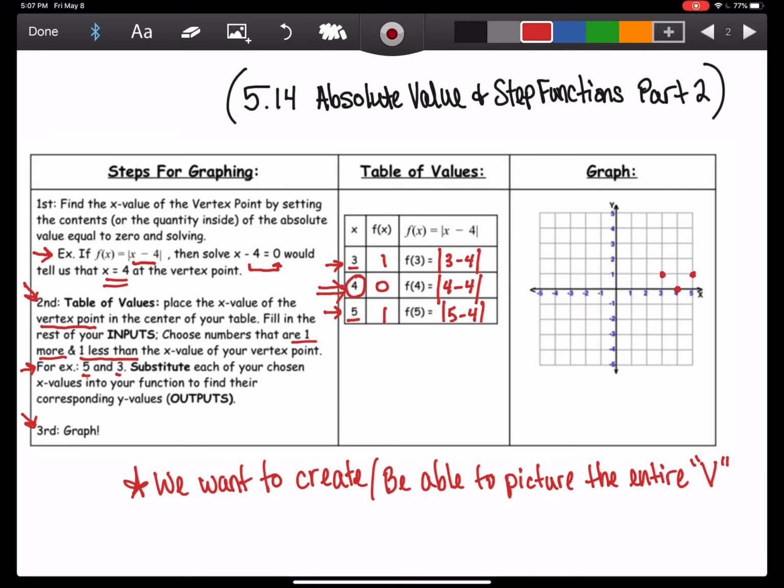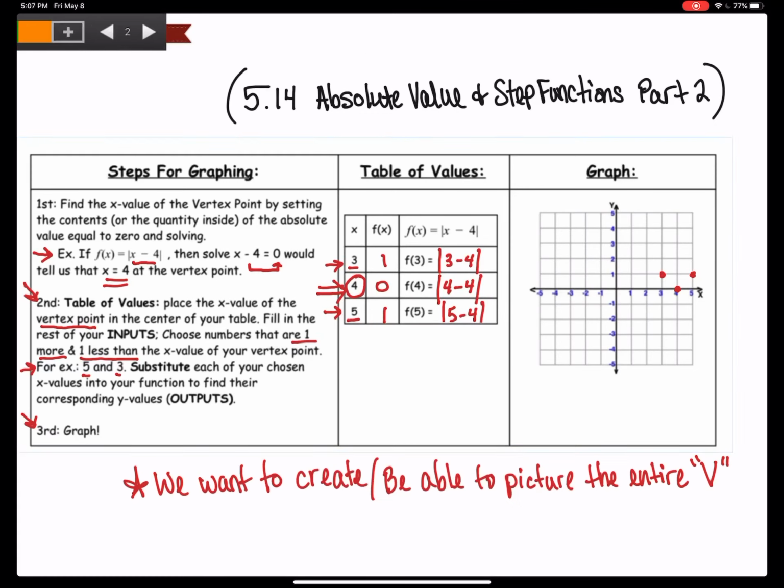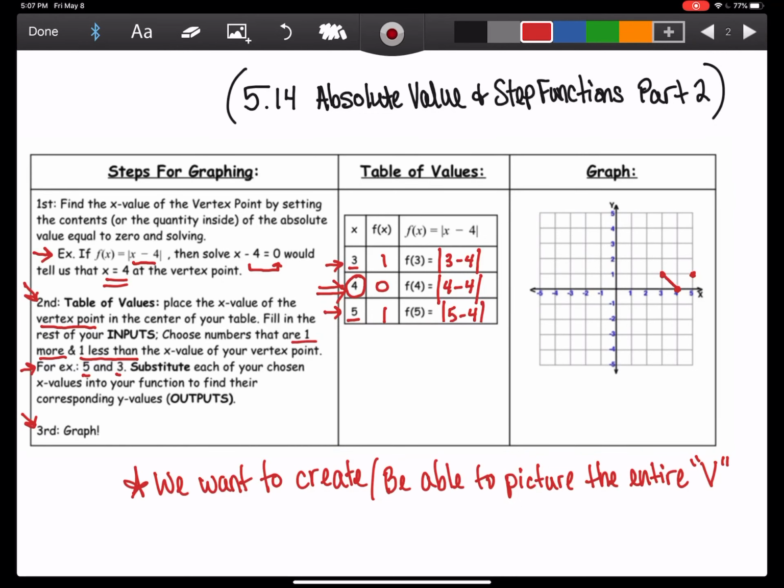You can get lots of information from here. You can see that one part is going to go in this direction, and the other part's going to go in this direction. And there's our V. Okay? So knowing where that vertex point is is very helpful. Moving 1 up and 1 down in the table is going to help you get that V-shaped graph. Okay? Bye.